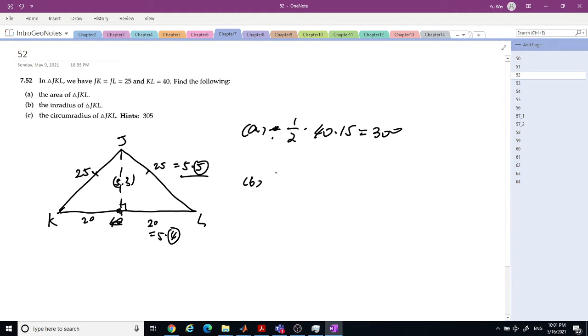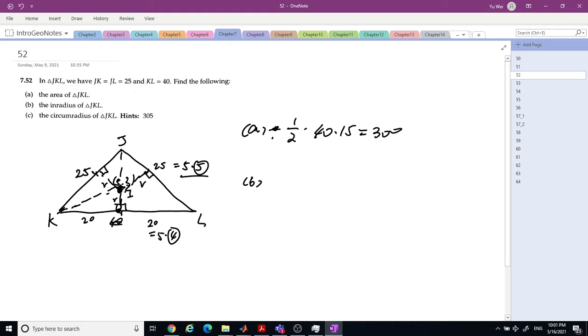Okay, now B. The inradius of JKL. Here is the incenter I. You can see we have the 3 medians. This is r, this is r, this is r.